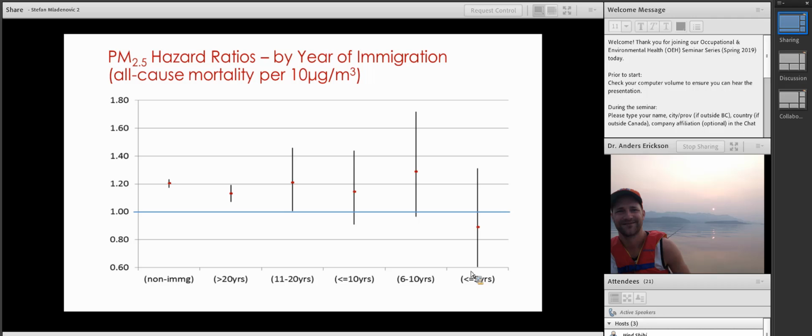What other research tends to show, and what this sort of confirms, is that people who are coming from countries that are culturally dissimilar to Canada tend to have this other protective effect, or seem to have lived longer than those immigrants coming from countries that are more similar to Canada.